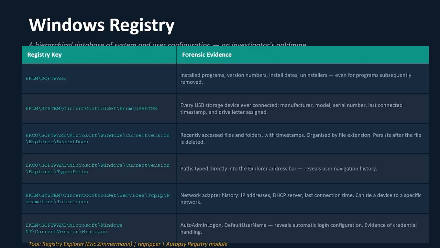There are also the paths typed directly into the Explorer bar. Under HKEY_LOCAL_MACHINE, you have your TCP/IP interfaces, which will have your IP addresses, DHCP, and connection time, as well as Winlogon, where you can change or see specific things. So there's a lot in the registry, and you should definitely go exploring through it.